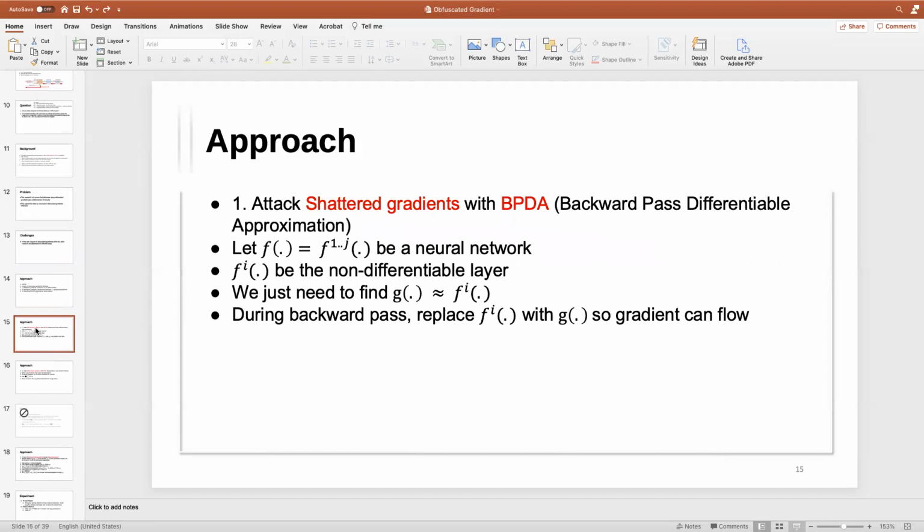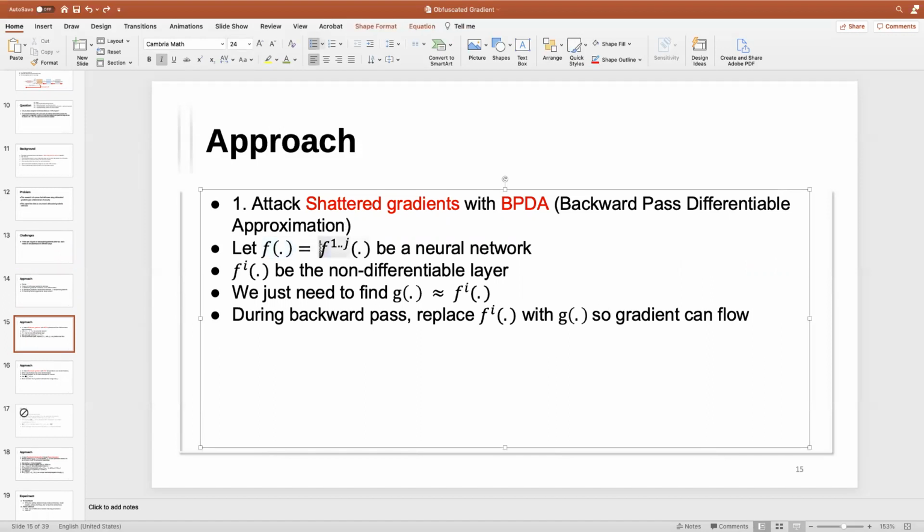First, here is their approach to attack 3 types of defenses. For shattered gradients, they are going to attack with backward path differentiable approximation. Suppose a network F has in total J layers, F1 to Fj.